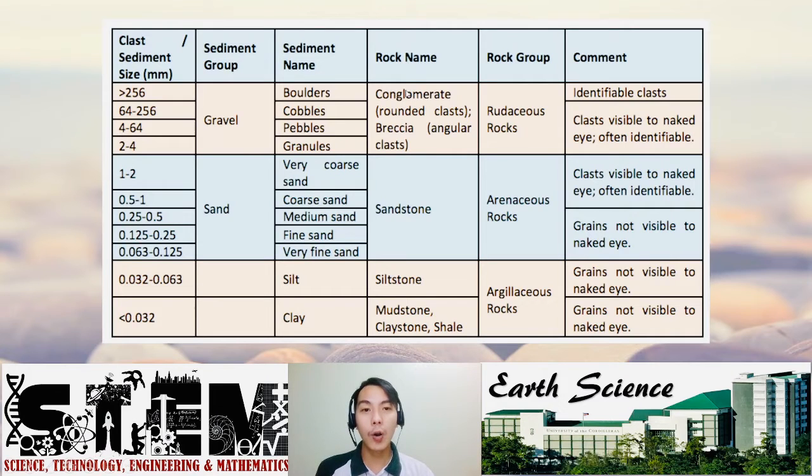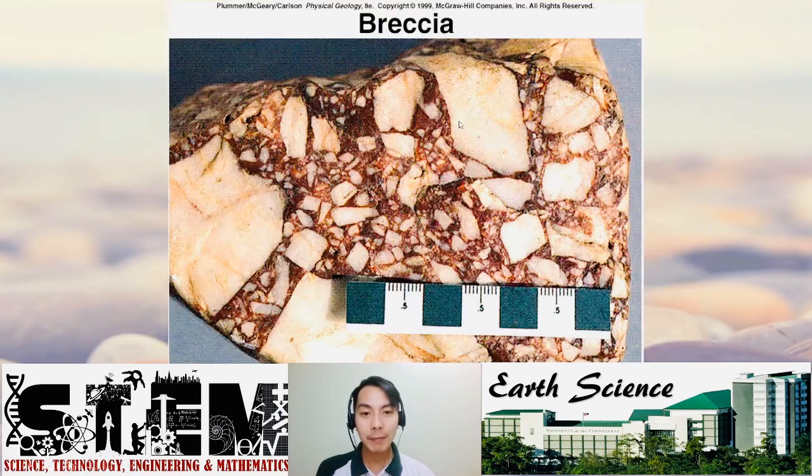Take note, conglomerate means rounded, a way of recalling. So here we have a breccia, and the sediments involved here are angular, very geometric. So we can say that is breccia.